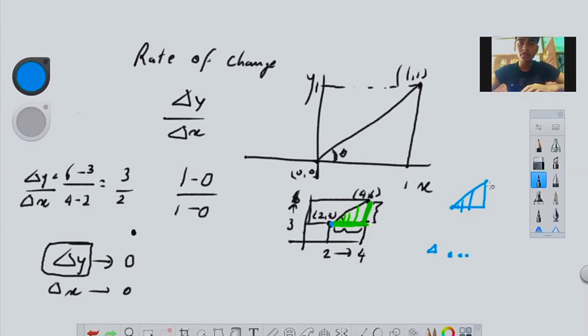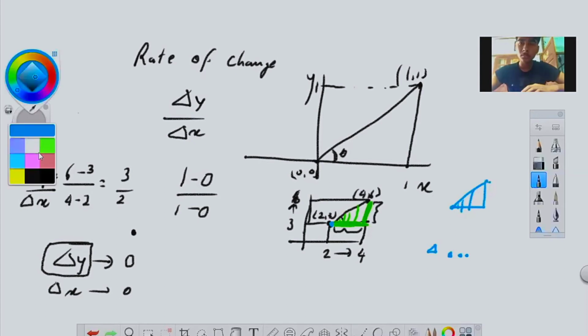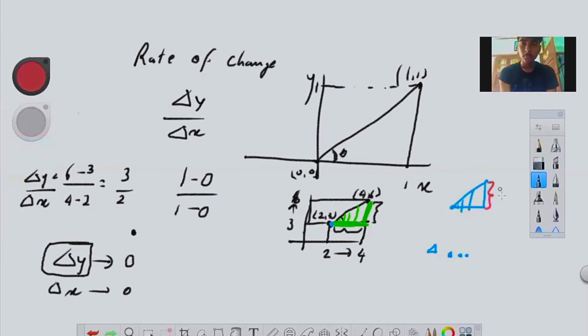So what did we say before? Let me take a different color. This change we called delta y, we denoted it by a delta, change. But when the change is very small, this triangle started looking like a circle, so the characteristics start to change even though it is the same thing, again a triangle on a microscopic level.